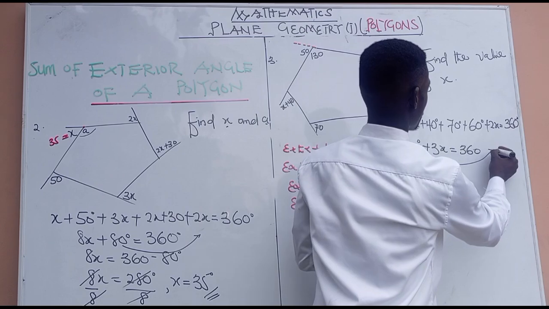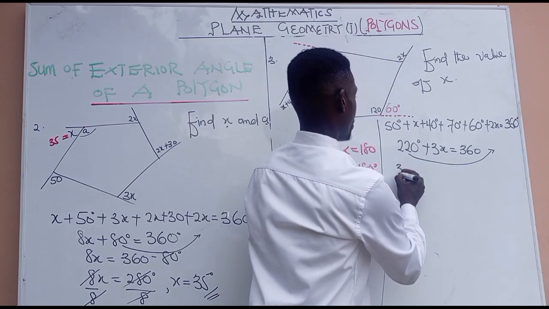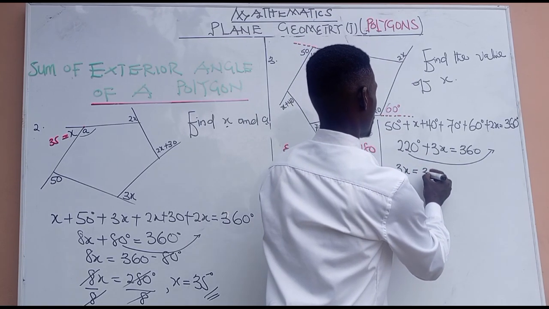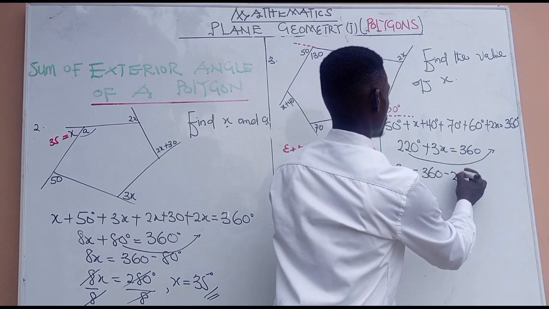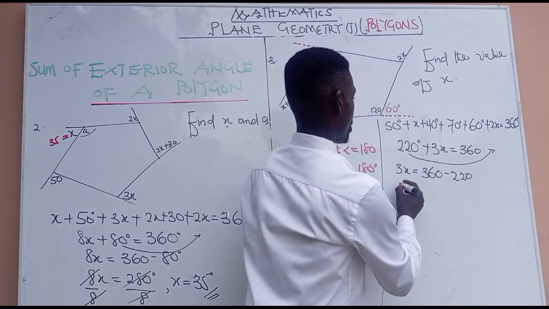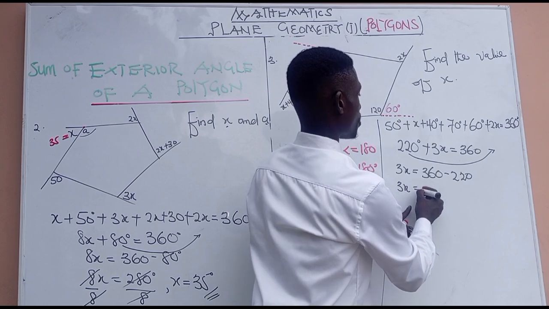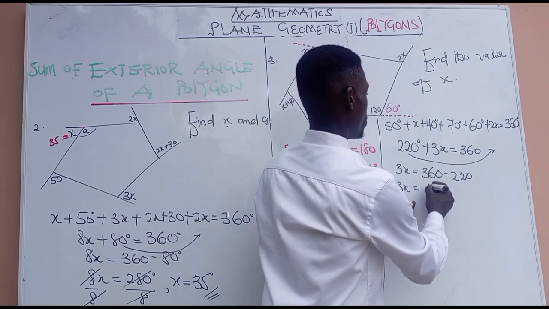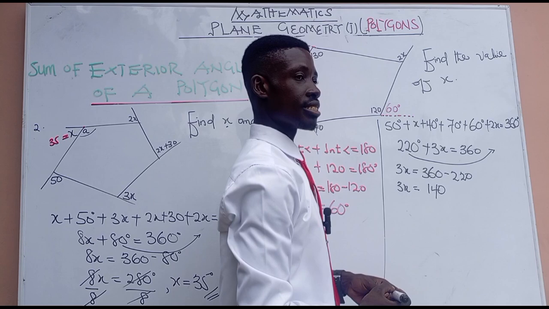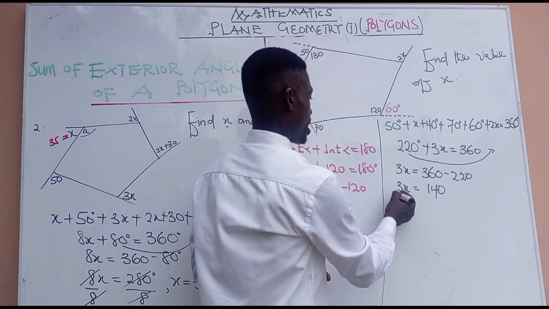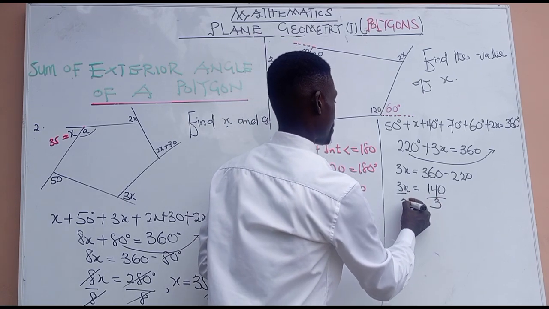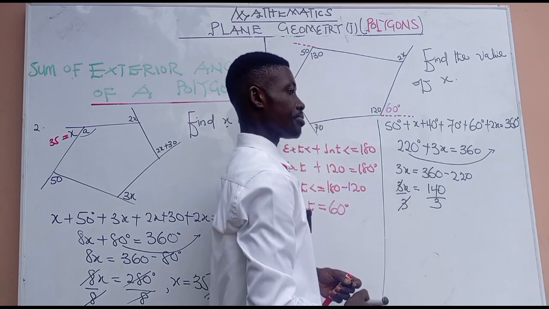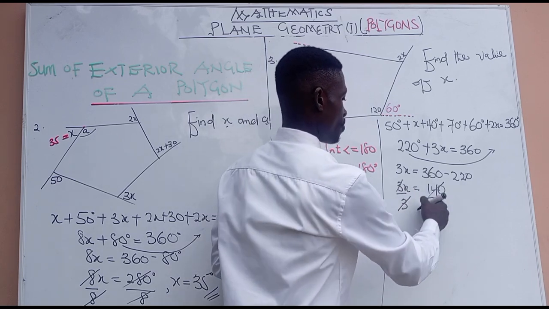So we just have to transpose 220. We have our 3x is equal to 360 minus 220. We have 140 degrees. We are looking for x, not 3x. We divide both sides by 3. 3 into 140.